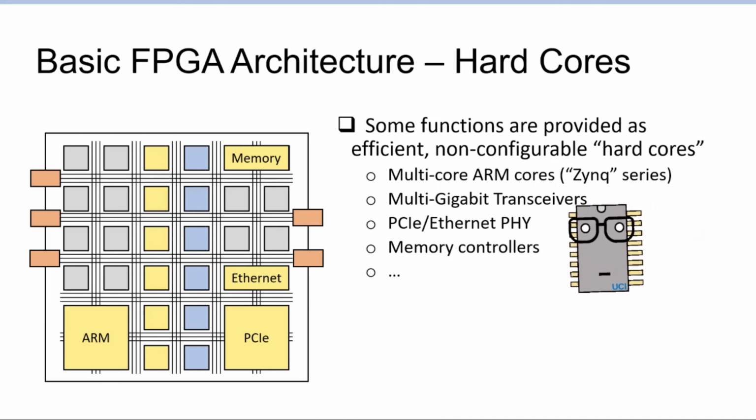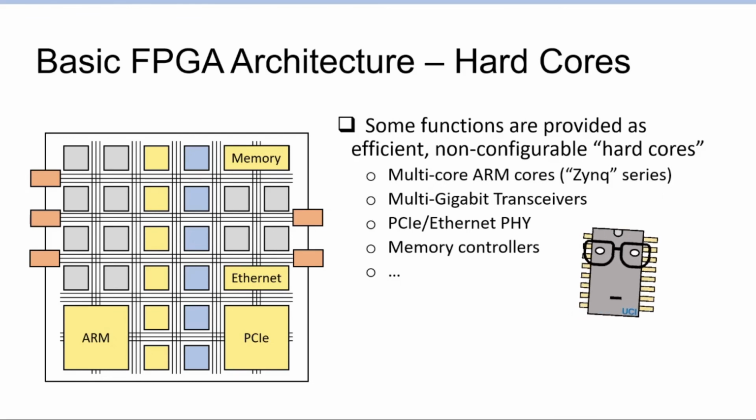Also, the physical layer implementations for PCIe or Ethernet, 10 gigabit, 40 gigabit, 100 gigabit Ethernet, are sometimes provided as ASIC cores as well, because reinventing the wheel every time is difficult. And also memory controllers, etc. Some FPGA boards come with high bandwidth memory, HBM2, some come with DDR4, SDRAM, DDR3, LPDDR.